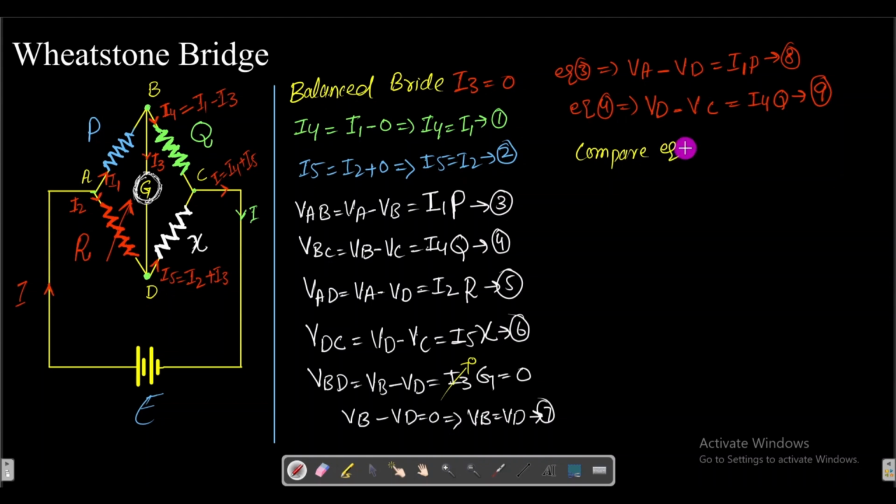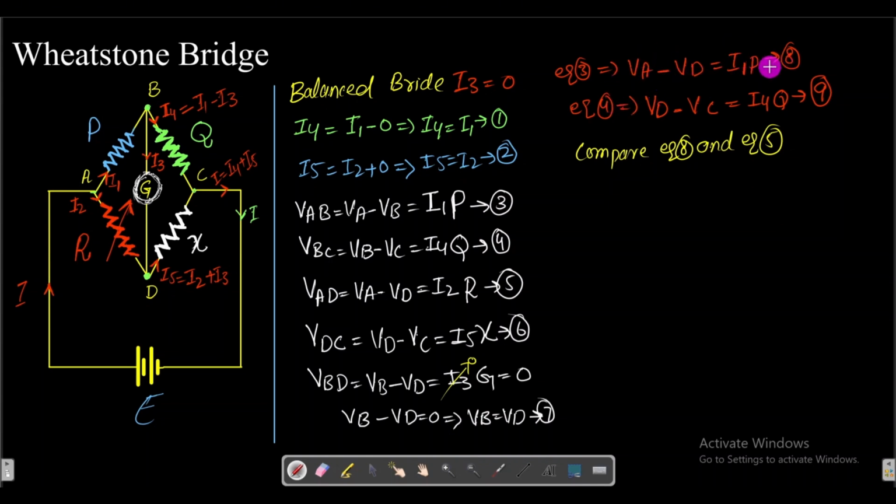In equation 5, the left side is VA minus VD, and the left side of equation 8 is also VA minus VD.